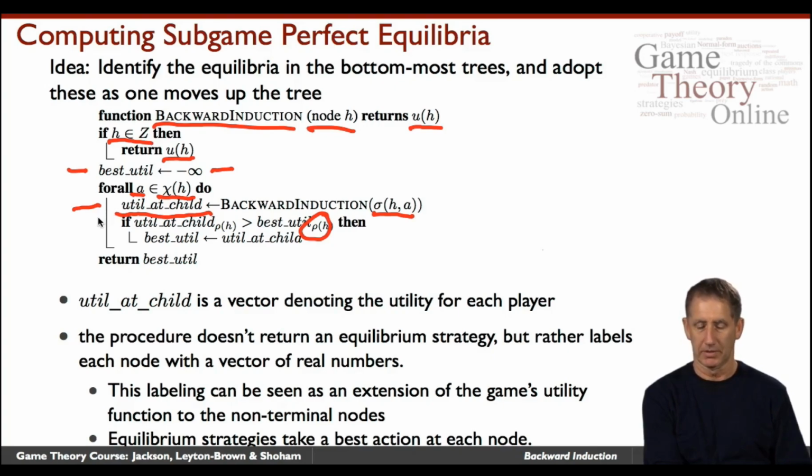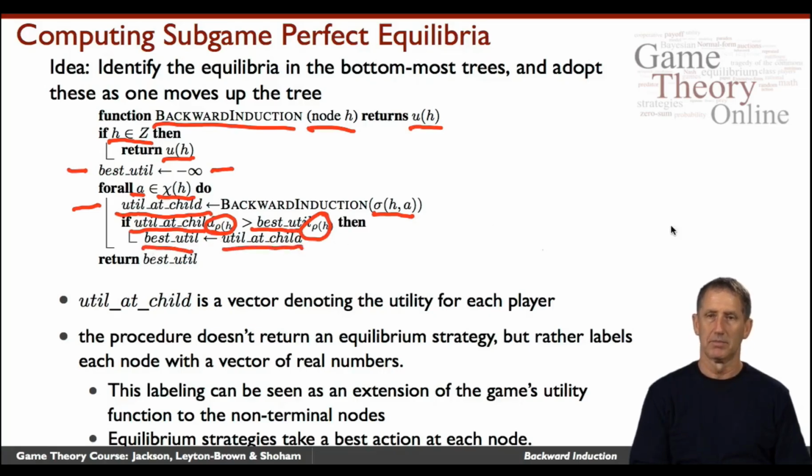That's what's going on here. So this is what this says. Util at child is a vector. So look at the element of that vector corresponding to the agent we care about, the agent in node H. If the util at child is better for that agent, given the best util, what we found so far, then simply update best util to be this util at child.